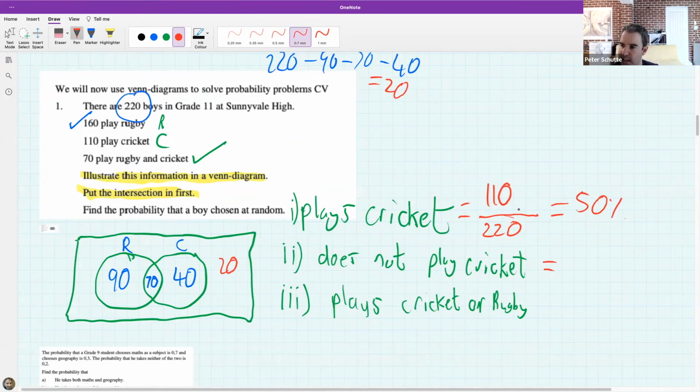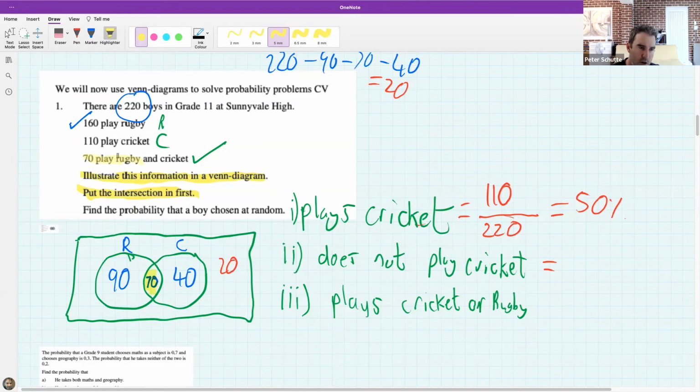Did I lose you in the Venn diagram or in the probability calculation part? Do you see that, when we started, we know that 70 people play both cricket and rugby.